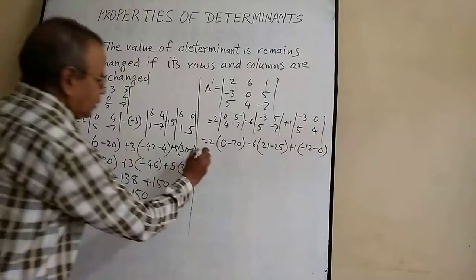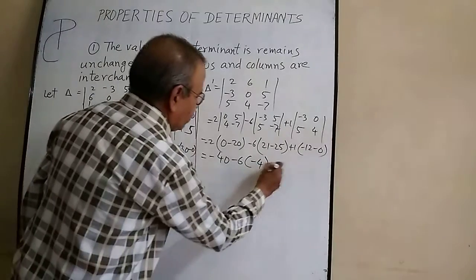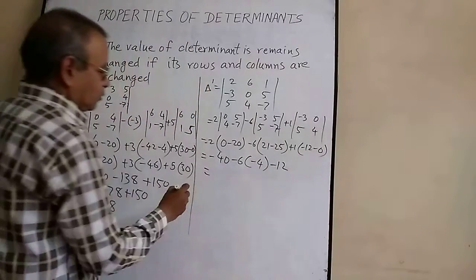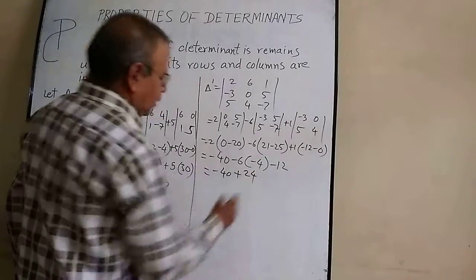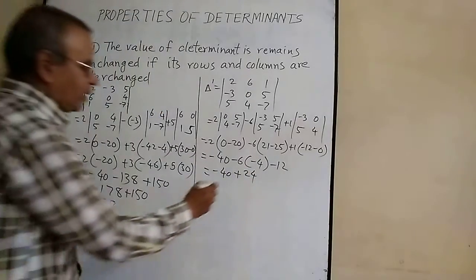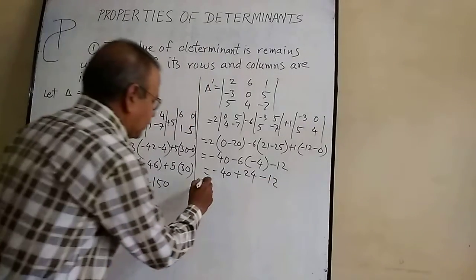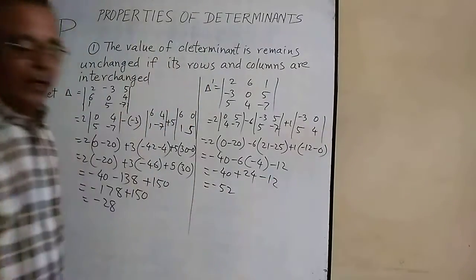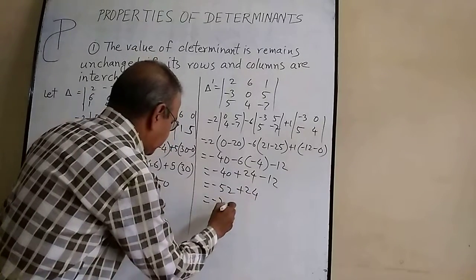And when we solve, that is minus 40, minus 6 into minus 4, minus 12. So this minus and this minus becomes plus 24 minus 12. This minus 12 and this minus 40 I add, and it will be minus 52, and plus 24 is equal to minus 28.